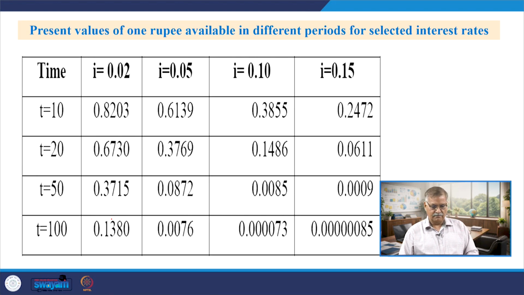So, this is a table where you can easily see how the discount rate affects the present value of future cost and benefit.